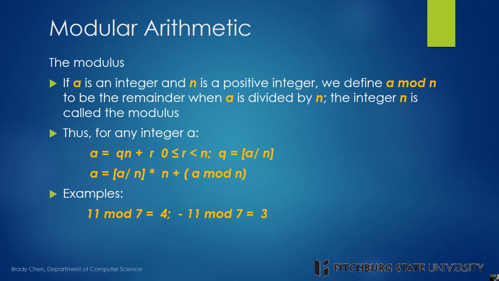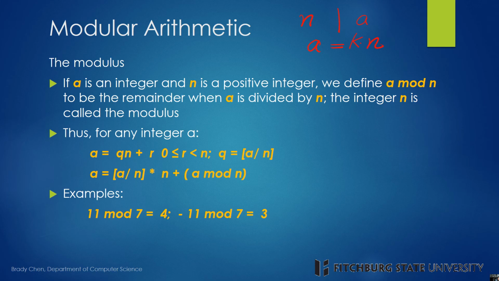Okay, in Module 9a, we talked about divisibility, right? So if we have two integers, let's say n and a, we say n divides a if I can write a as the multiplication of n and another number.